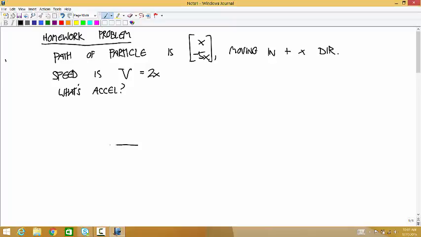Okay, so let's draw what's going on. If that's x, that's y. The path that it's following is like this. And it's moving in the positive x direction, so it's going this way, not the other way.